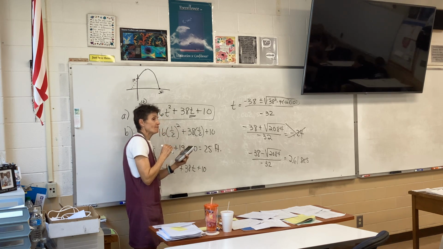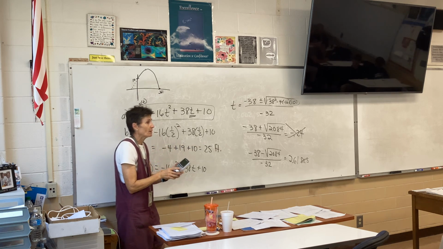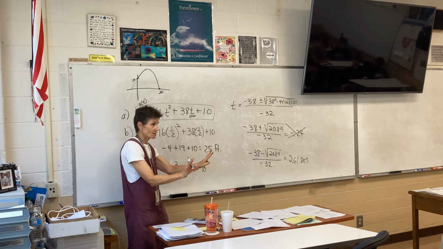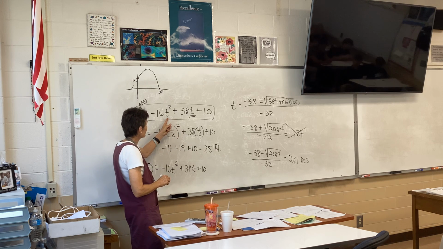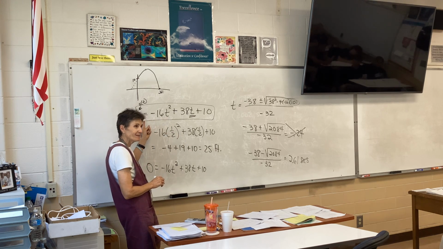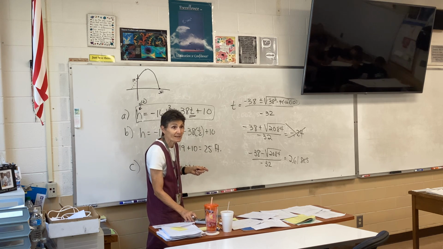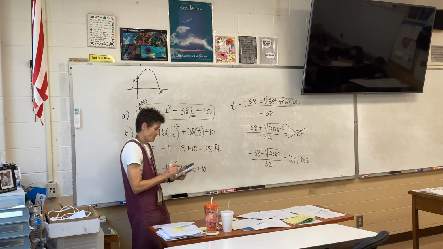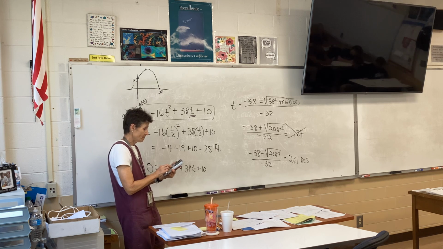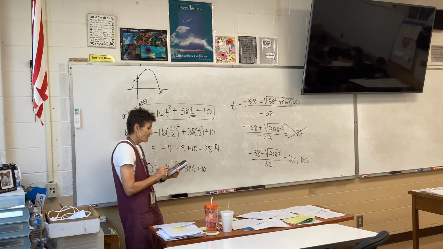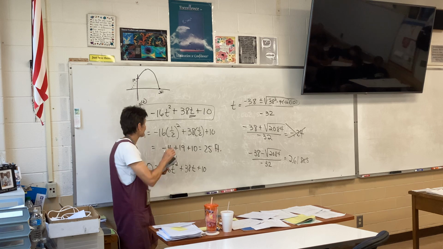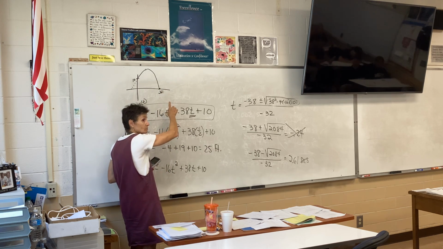Now, I have a standard window set up, which makes no sense in this problem because my variables are time and height, so my minimums should both be 0. So window, x min, y min. Now, y max is the path of the ball.